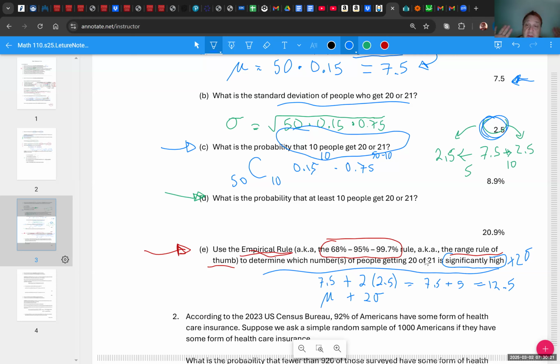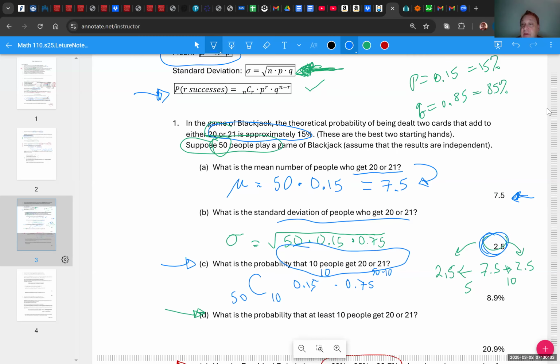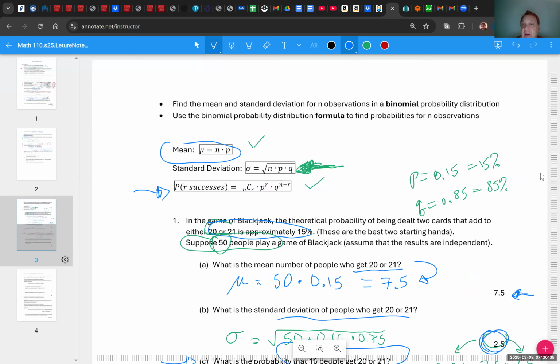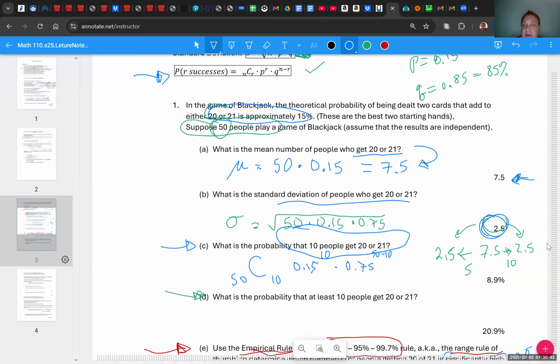All right, so that's a little recap on the 68, 95, 99.7% rule. Next is one more example about the binomial distribution, and then 2 quick examples on the other 2 types of probability distributions, and that will be the end of the video. We're actually nearing the end, even though it seems like we still have a lot to go.